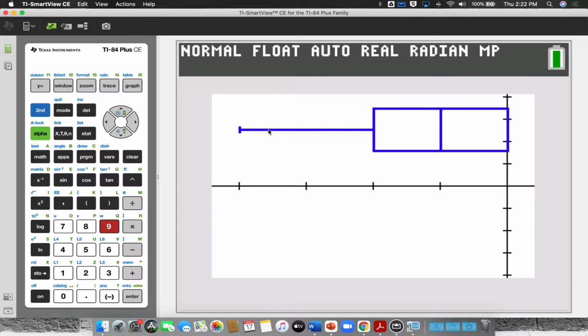So 25% of the data is here. 25% of the data is in this one here. 25% is in here. Where's the other 25%? It's right here on the line. 25% of the data is at 0. And go count the numbers. How many zeros did we have on our list? It's about 25%, right? So it's not going to be 25, 25, 25, or will it be?